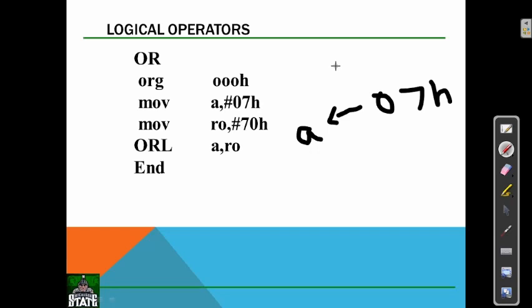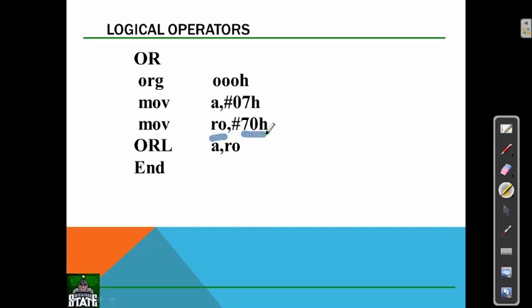Likewise, in addition we first store data in the accumulator, then get data for B, then add A plus B. Then we move 70H to the R0 register.